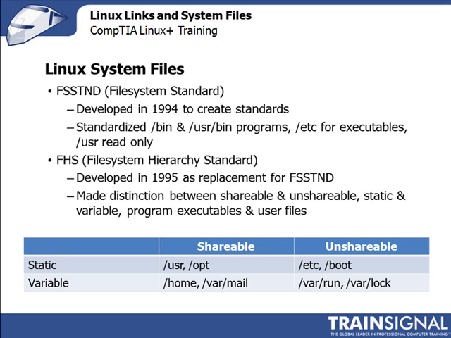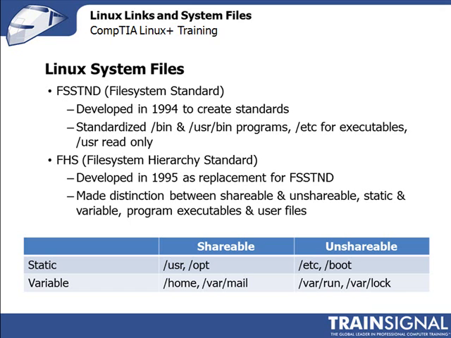The table below represents how FHS sees important directories. It views static files as belonging in /usr and /opt, and unshareable in /etc and /boot. Variable files, or files that change fairly often, are in /home or possibly /var/mail. And unshareable variable files are in /var/run and /var/lock.